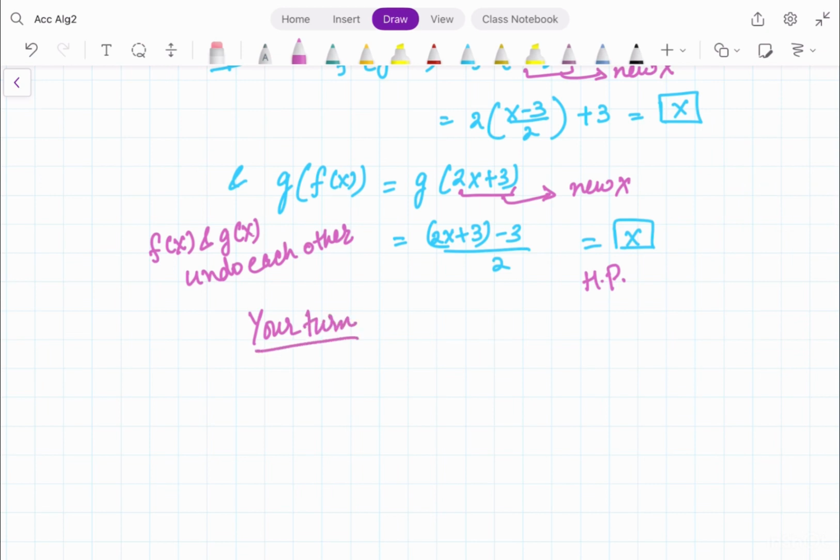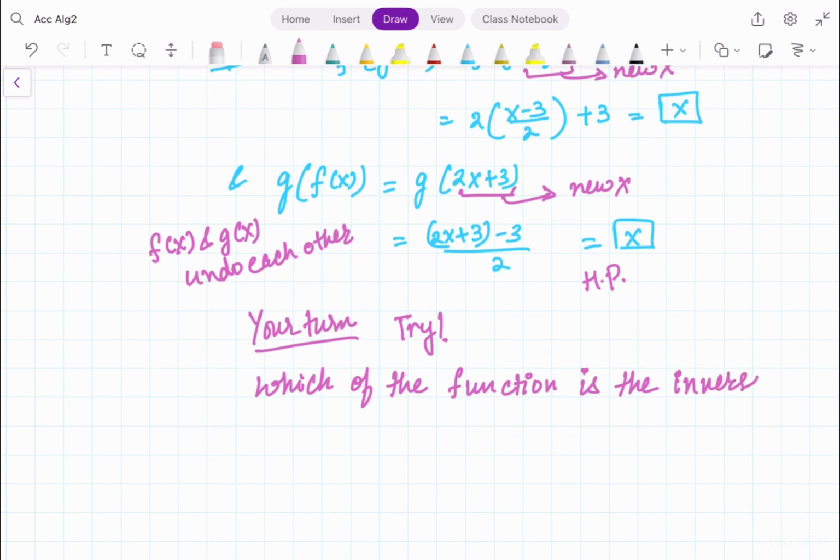Now it is your turn. Try one question on your own and try to prove if the two functions are inverses, yes or no. So the parent function or the initial function is given, and we have two different questions under it.